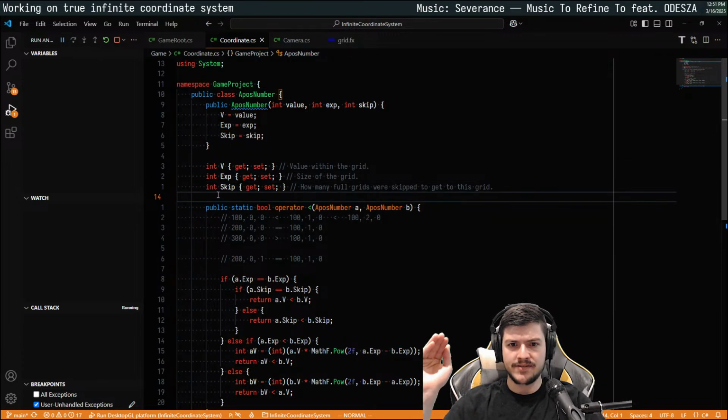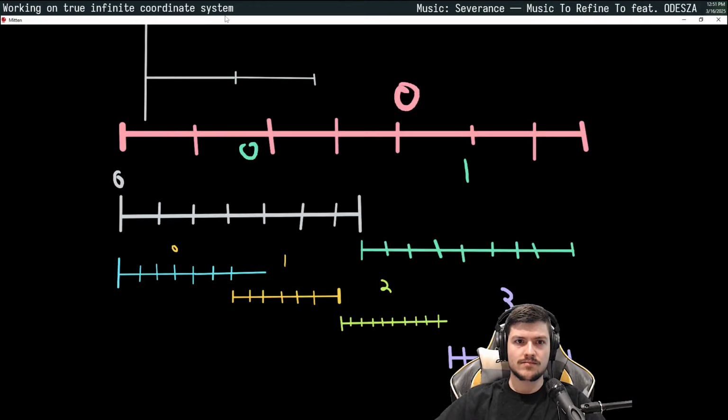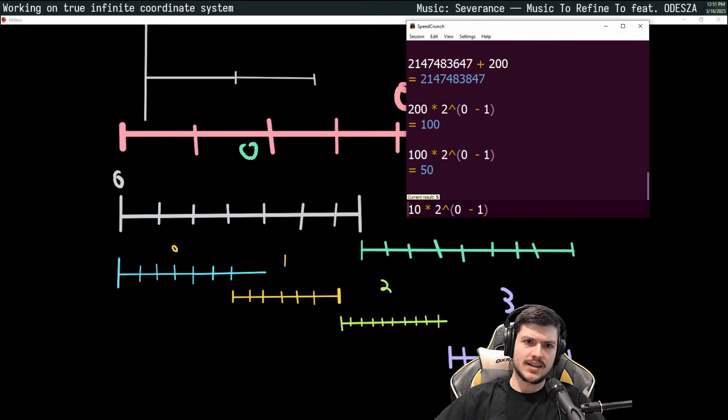There's still a max value. But it's kind of similar, right?